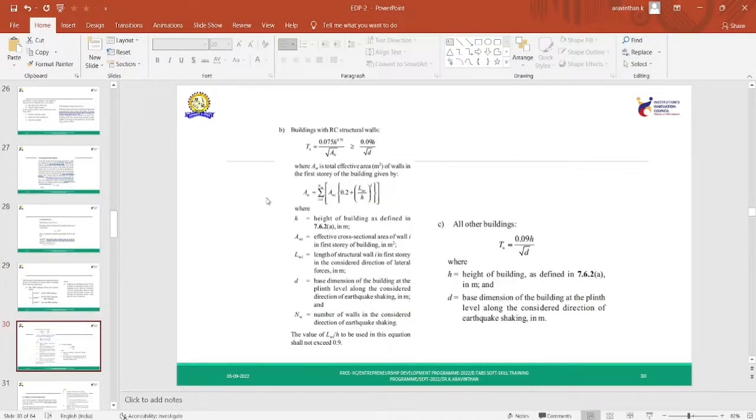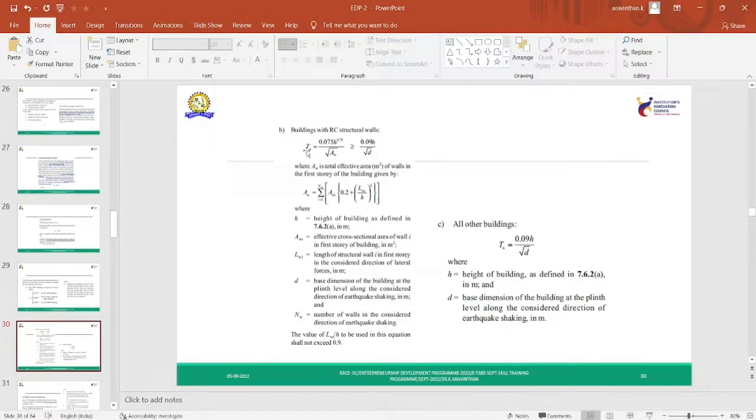Here you can see that for buildings with RC structural walls, TA is taken as 0.075 h power 0.75 divided by root of AW. So, this is the formula when you are using infilled walls. If your walls are filled with brickwork, you can use this formula to find the fundamental natural frequency.